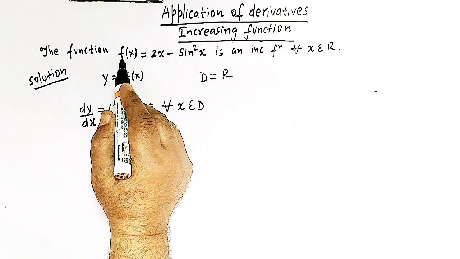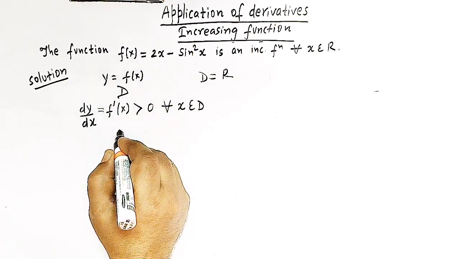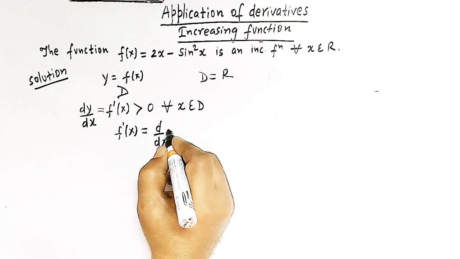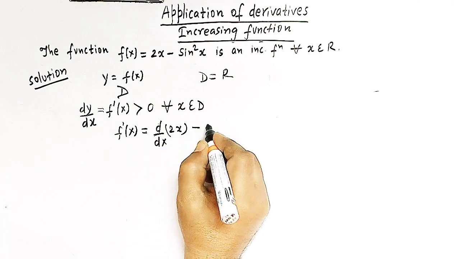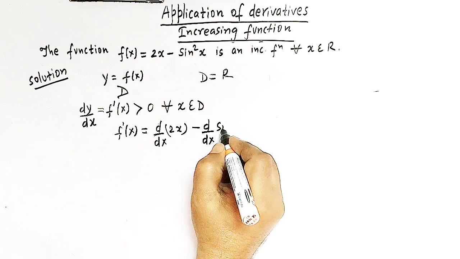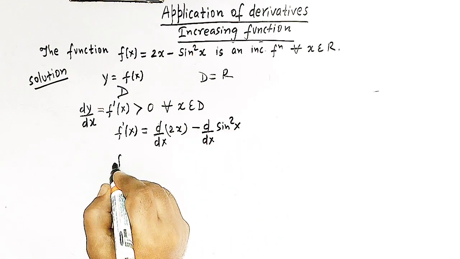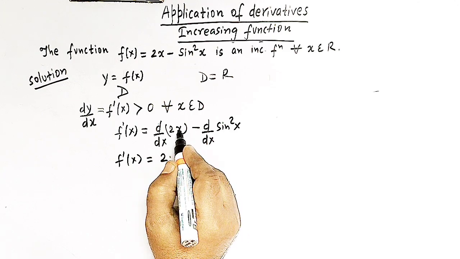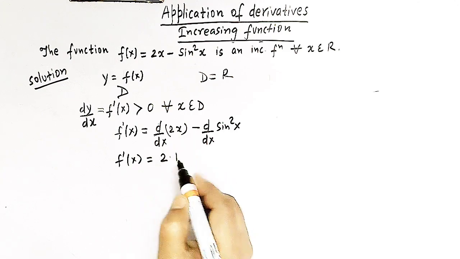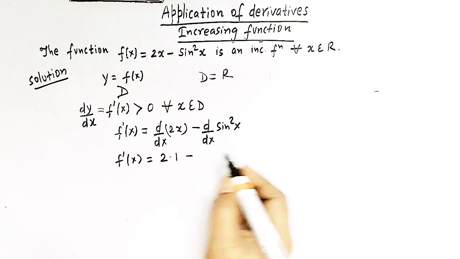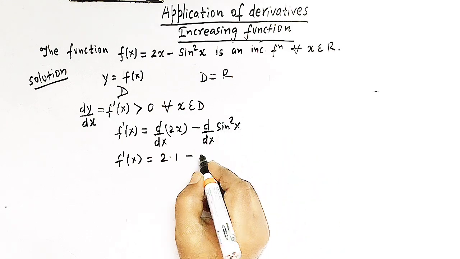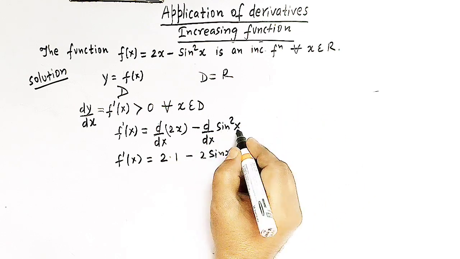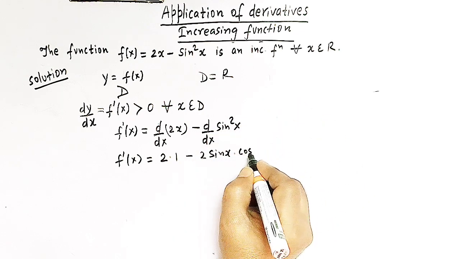Now let us differentiate this function with respect to x. So f prime of x is given by d by dx of 2x minus d by dx of sine square x. Now f prime of x is given by 2 times 1. The derivative of x with respect to x is 1, and here we have the derivative of sine square x as 2 sine x, and then by chain rule the derivative of sine x is cosine x.